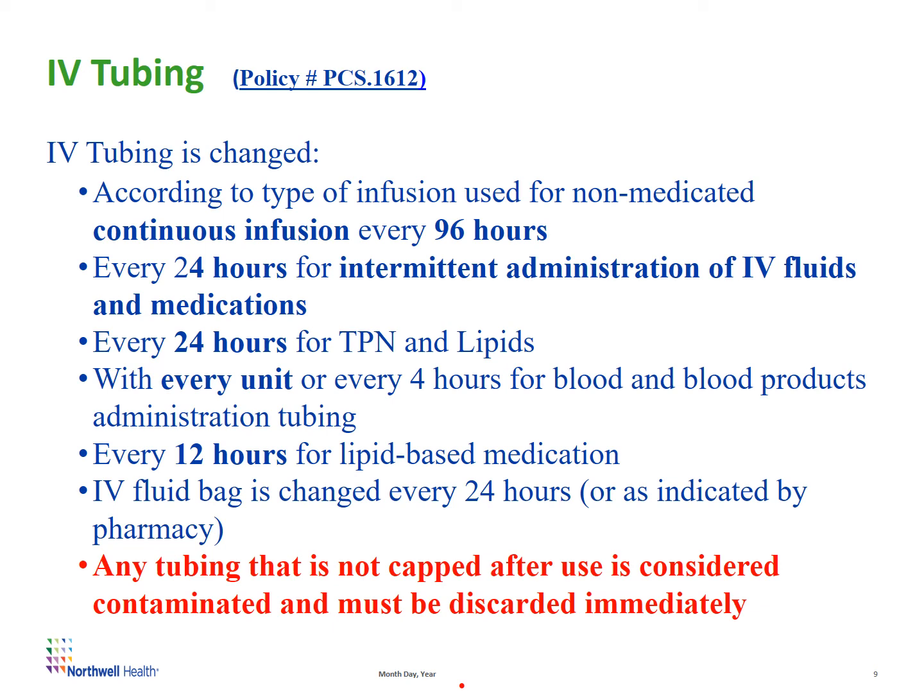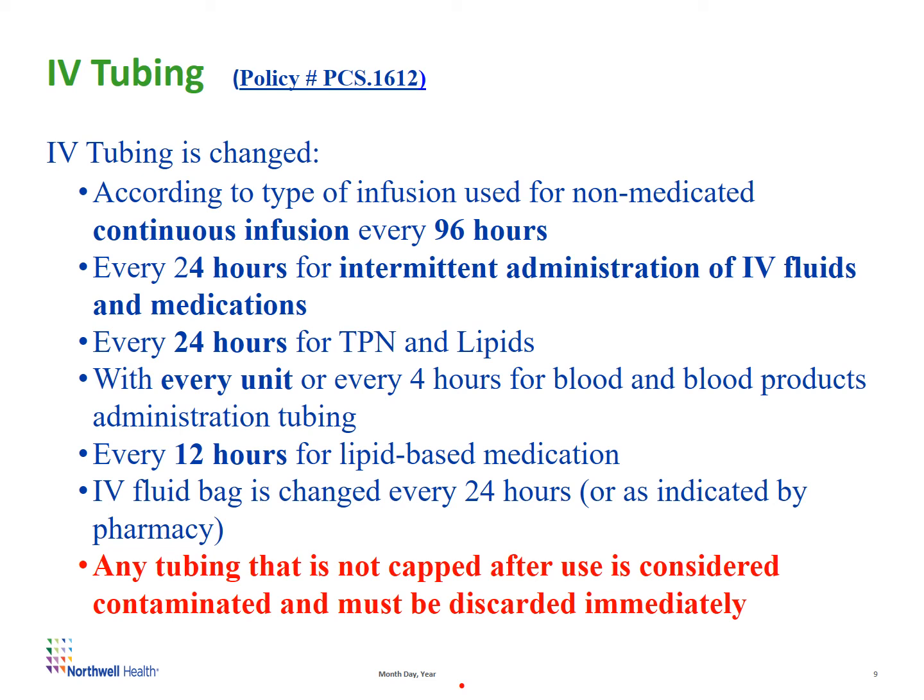Whereas intermittently used IV fluids with medications, you have to change the tubing once in 24 hours. And all TPN and lipid tubings are changed every 24 hours. And blood product tubing is changed after the administration of that particular unit.